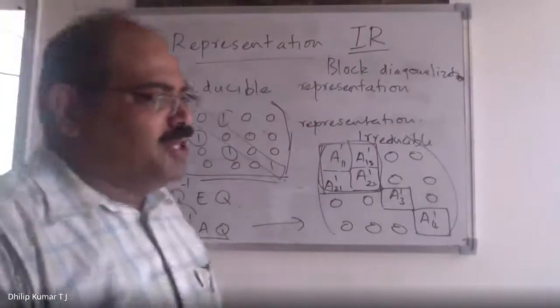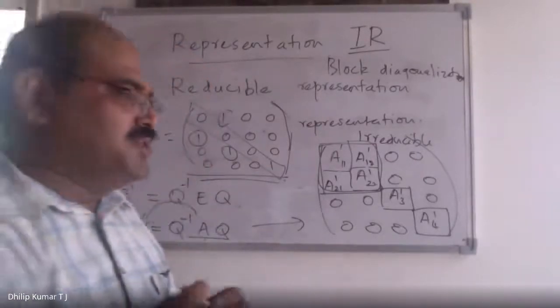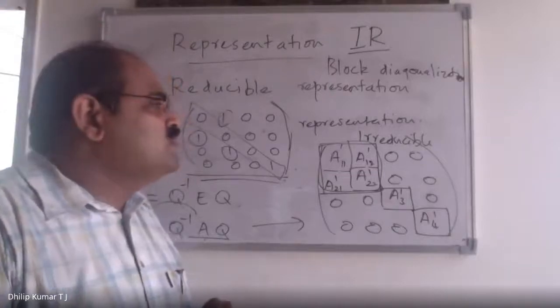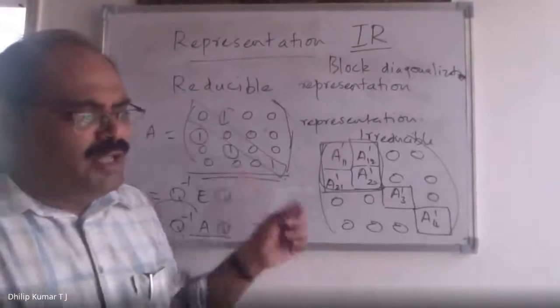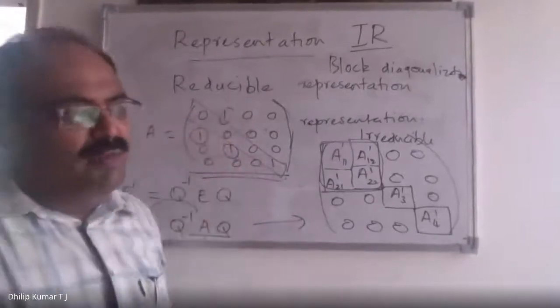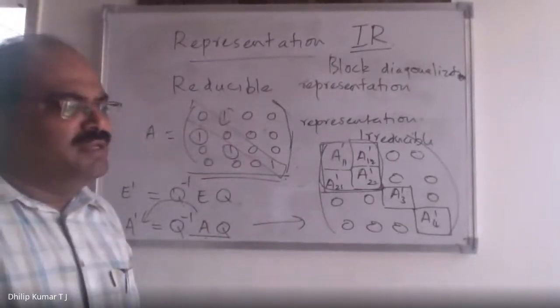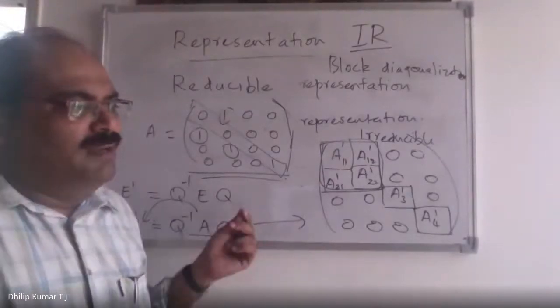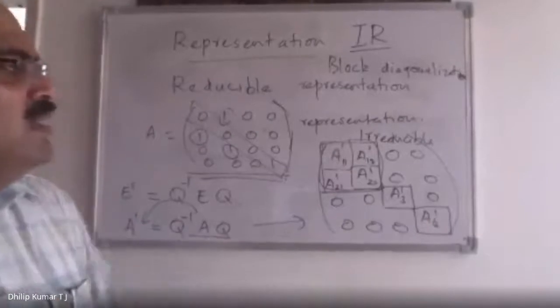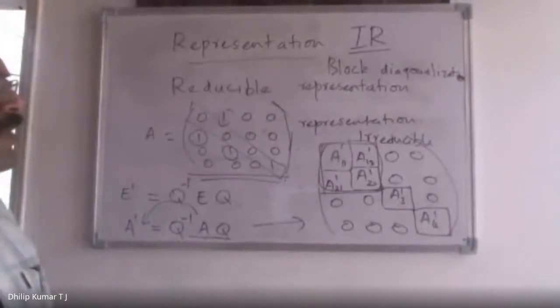It could be 1, 2, or 3 dimensions, depending on the matrix size. If all the diagonal elements are 1 by 1, we say it's an IR of dimension 1. If the diagonal blocks are 2 by 2 matrices, then it's an IR of 2 dimensions.